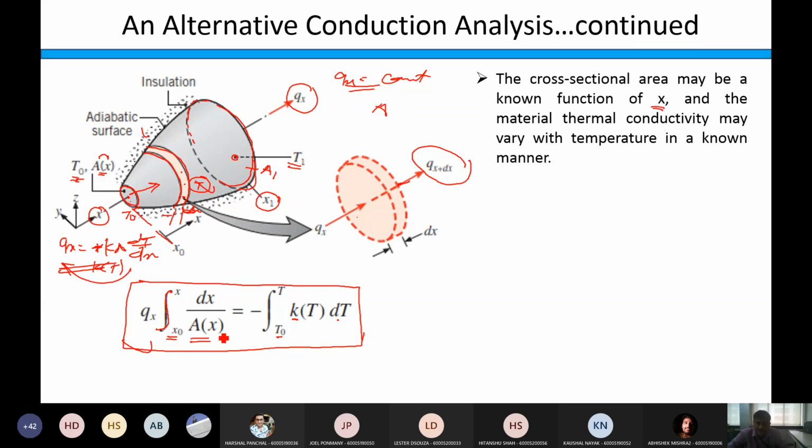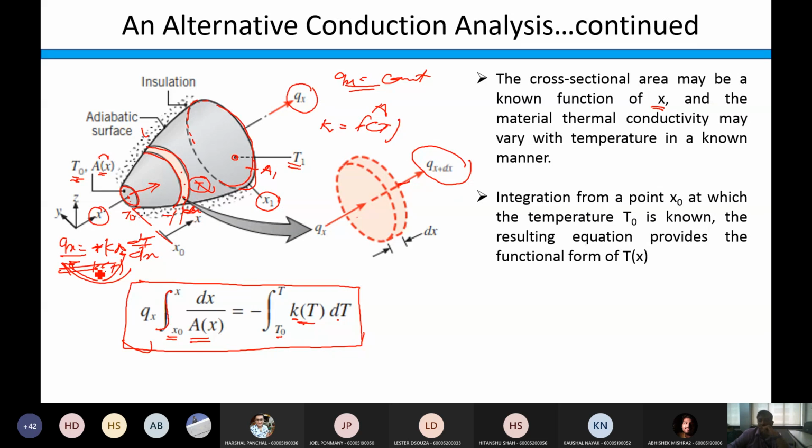That's why I'm writing a(x), and the material thermal conductivity k may be a function of temperature T. That's why I'm writing k(T). Okay? Sir, why is this a(x) in the denominator? See, this is multiplying on the right hand side, na? So when I take it to the left hand side, it will be divided by, correct? Yes, sir. Got that, sir. So this is variable separable, nothing big in this.